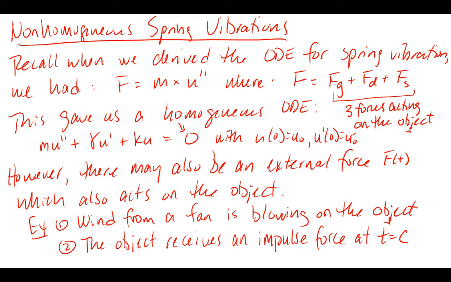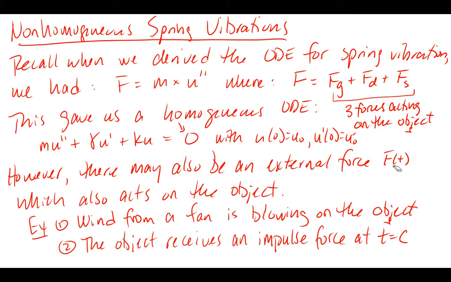I think our topic of the week is revisiting the spring problems, in particular with this extra force added in, this external force, F of t. We've been using the newfound things we learned about the impulse and step functions to represent this.